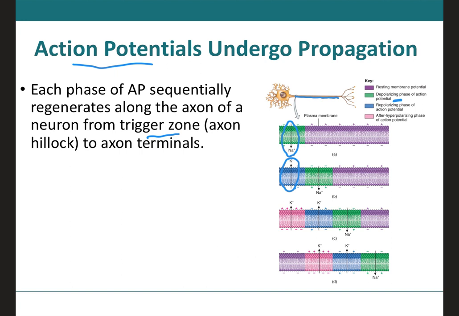Analyzing this image in a little more detail, what's represented here in purple is the resting membrane potential. So this will be at around minus 70 millivolts. And the action potential is starting right over here at the trigger zone.